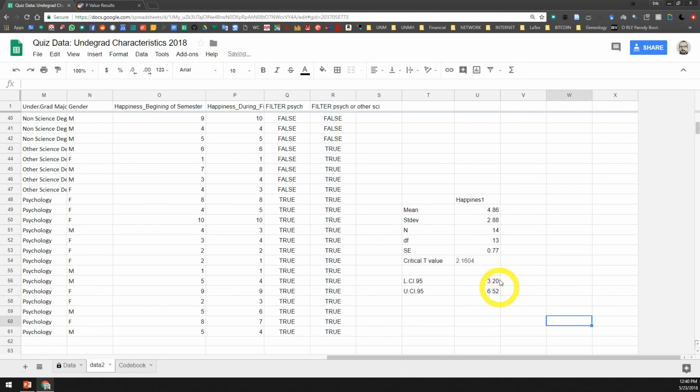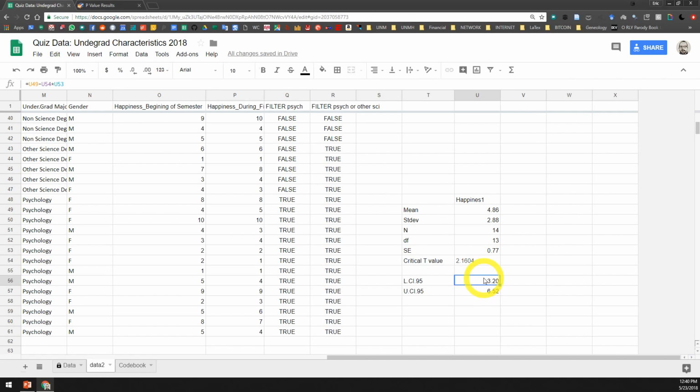So when we click that here, again, we've automatically calculated the lower and upper CI just like we did with the standard error, because it calculated the mean plus or minus, or in this case minus, the standard error times the critical value. And because this critical value is bigger, our confidence interval is now bigger.